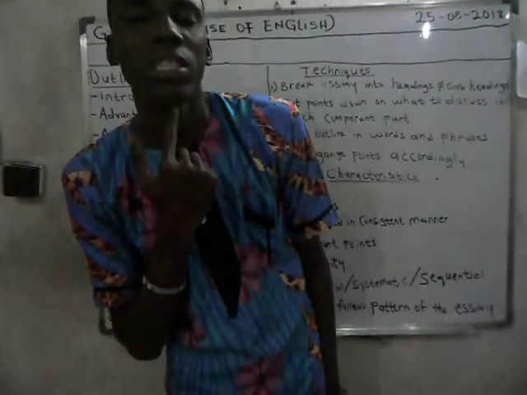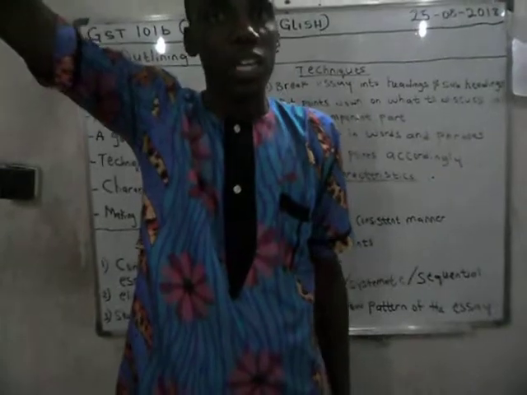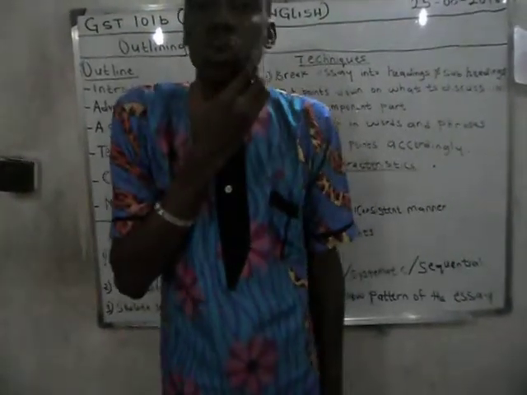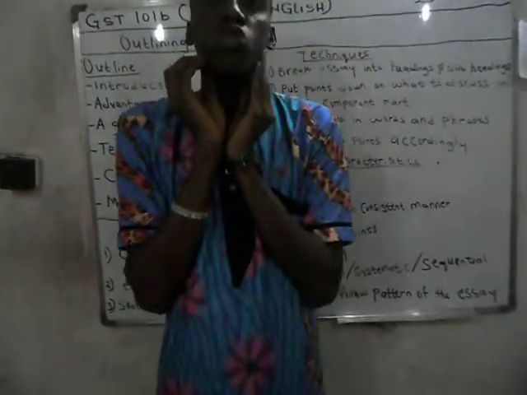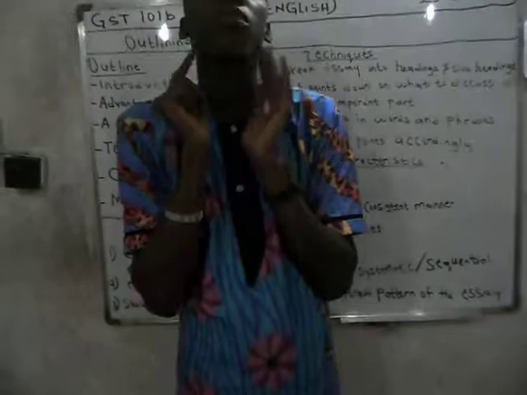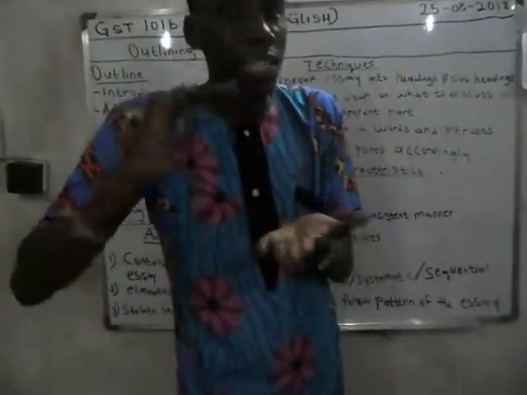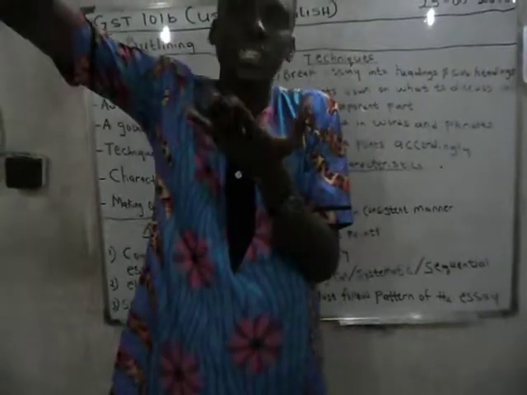You cannot start talking of what is under and then jump to what is above, which is your head. If you are to start from under, let's assume you are talking of your chin, the next thing you should talk about should be the mouth, not jumping from the chin to the eye. You see that things are going logically, systematically. And when you are starting from the top, make sure that everything descends.